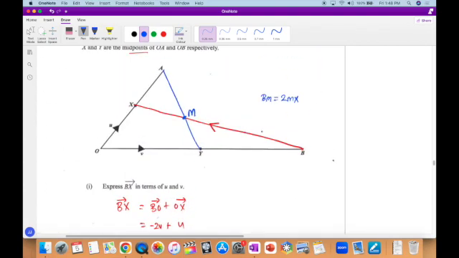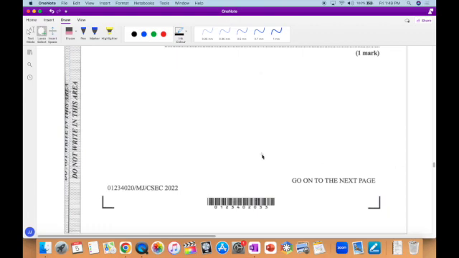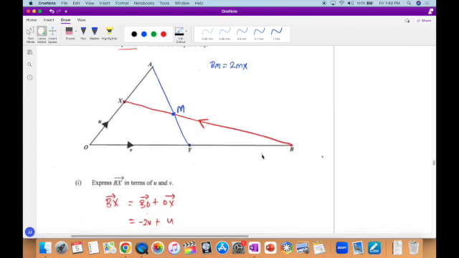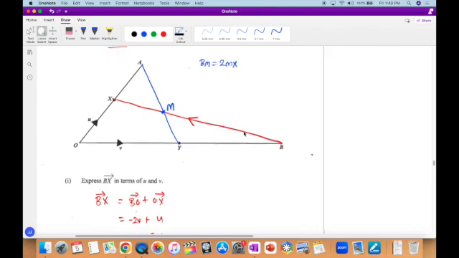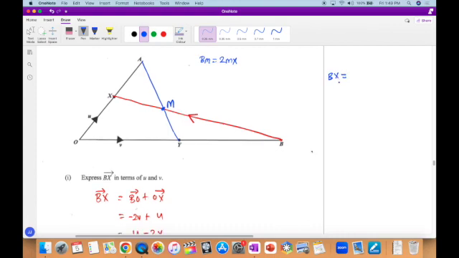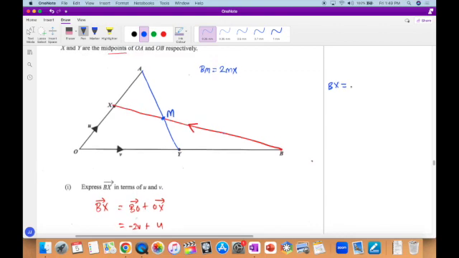So we have BX, and we could see that BX is equal to U minus 2V. And we want to find BM.